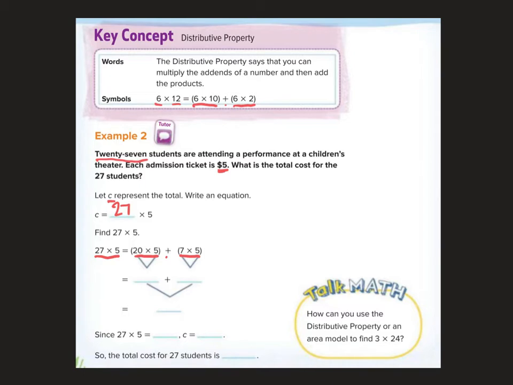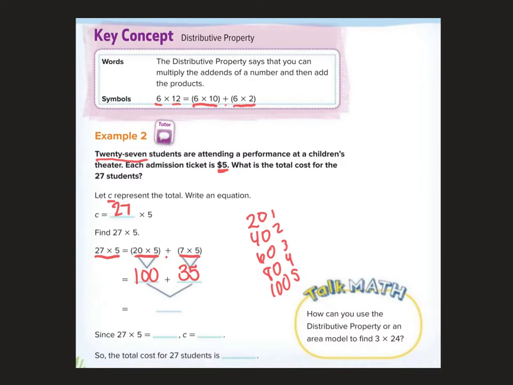Okay, so if I do 20 times 5, 20 groups of 5 or 5 groups of 20, I'd get 20, 40, 60, 80, 100. Yeah, 100. Okay, and then 7 groups of 5. 5, 10, 15, 20, 25, 30, 35.